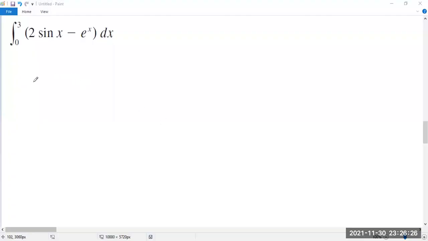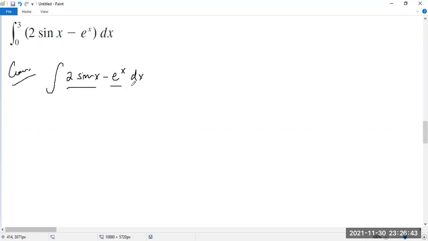So in this particular question, again, we're considering the case where you just have the indefinite integral of this problem. We're looking at an integral where we have two terms.